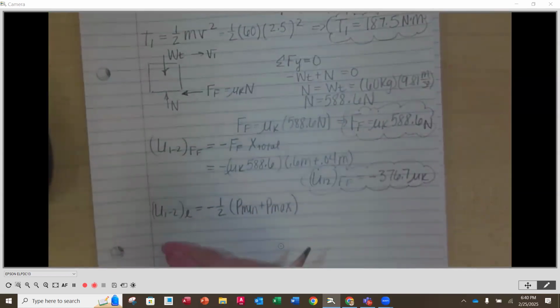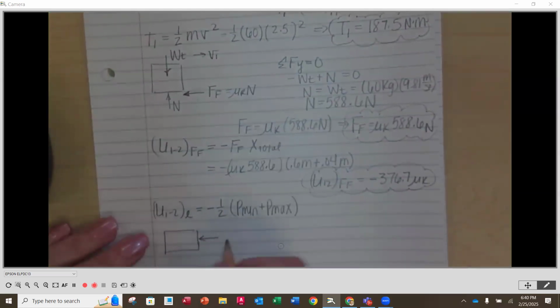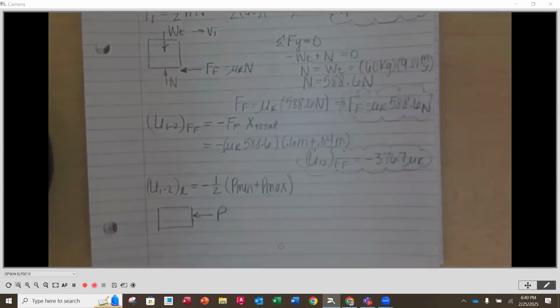Instead of using F, because they used F as a friction force, they're now using P as the spring force that's going to actually push the package to the left, okay?